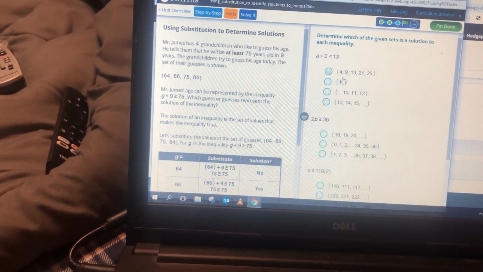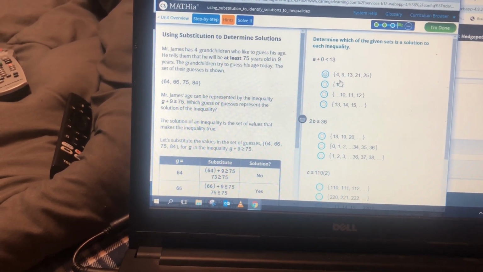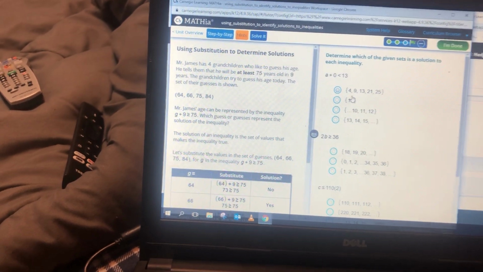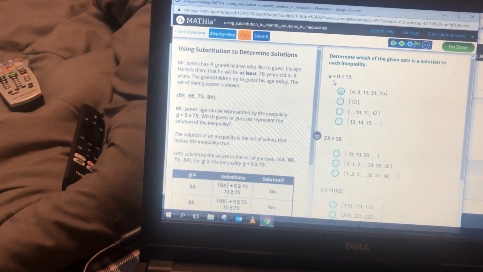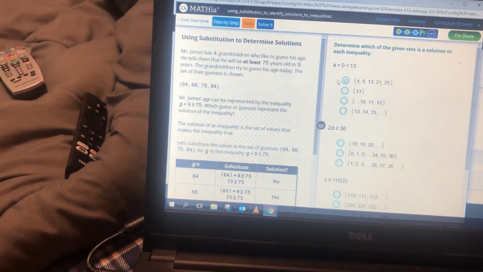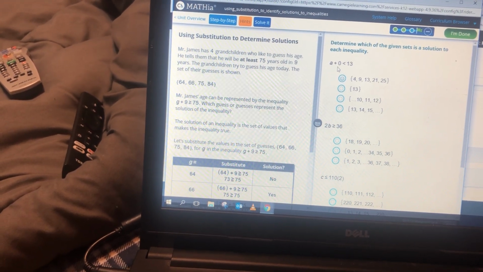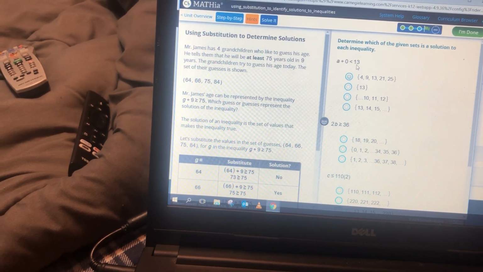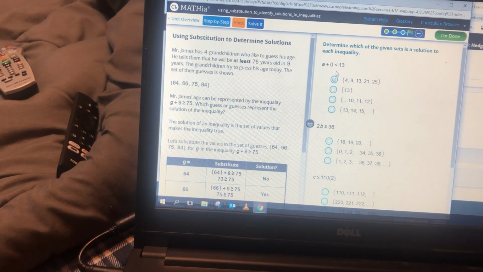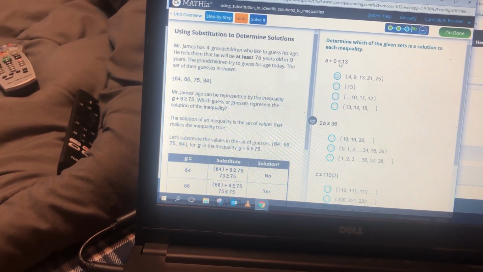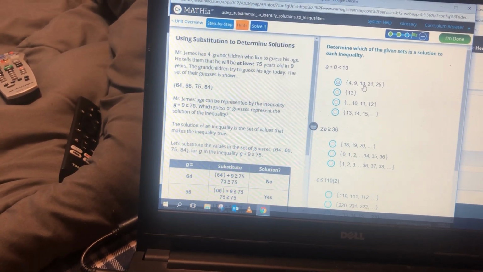So if I look over here, if I do 4 for A, A plus 0 is 4. 4 plus 0, which is 4, less than 13? Yes. How about 9? 9 plus 0. Is 9 less than 13? Yes. How about 13?